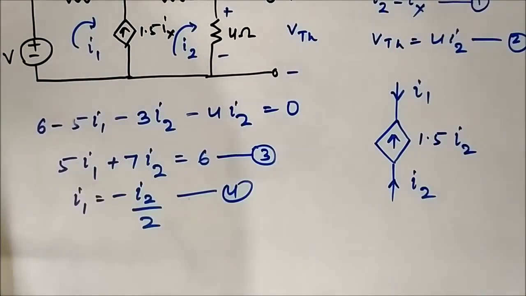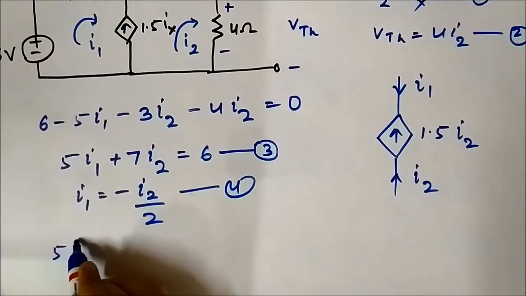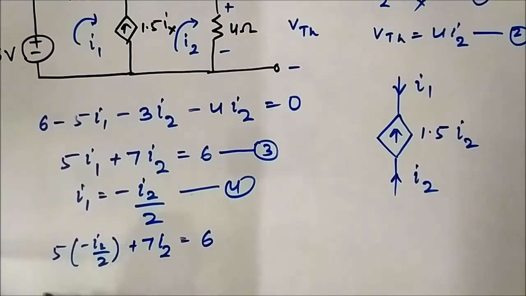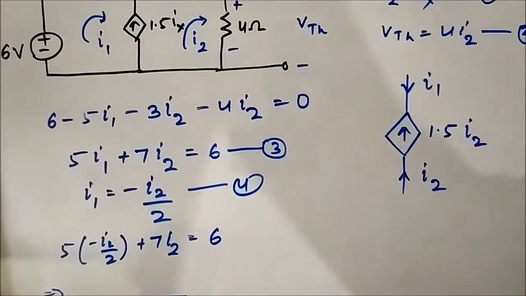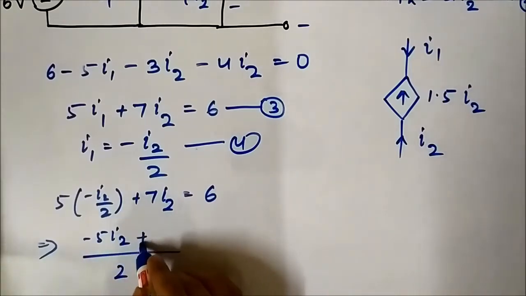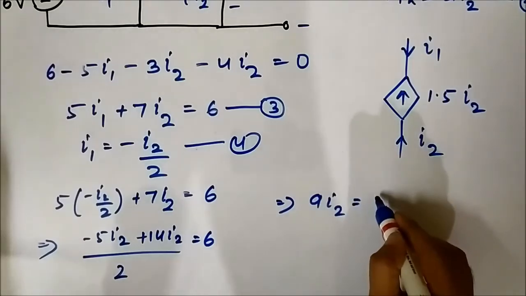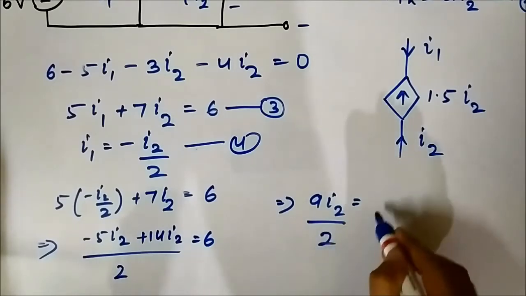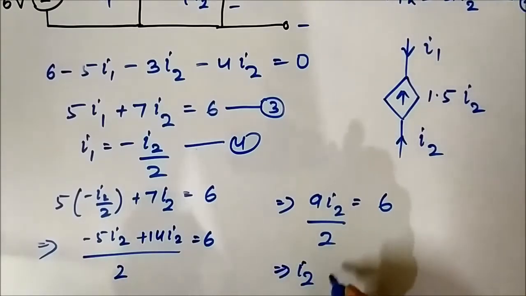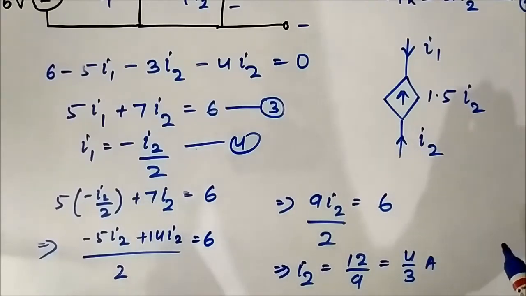Substituting I1 is equal to minus I2 by 2 here, we will get 5 into minus I2 by 2 plus 7 I2 is equal to 6, or taking 2 as the LCM, minus 5 I2 plus 14 I2 by 2 is equal to 6, or 9 I2 by 2 is equal to 6, or I2 is equal to 12 by 9, which is equal to 4 by 3 ampere. I2 is equal to 4 by 3 ampere.